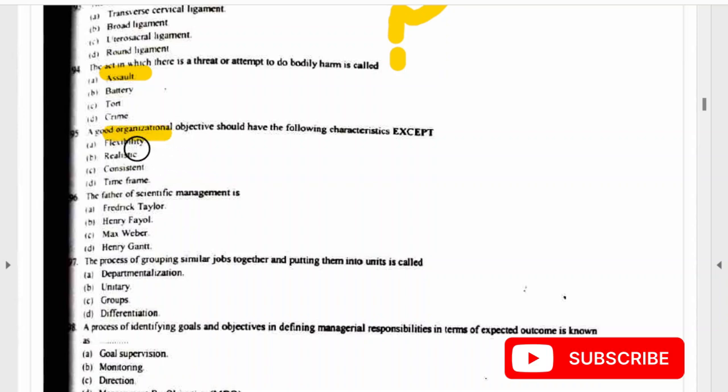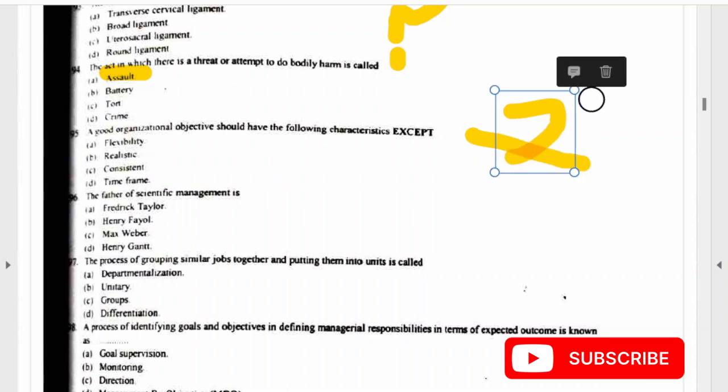Let me check it. Flexibility, realistic, consistent time frame. I don't think flexibility should be an answer here. All the answers seem similar. I'm not really sure about this question. I think this question must be wrong. So we won't be answering it.